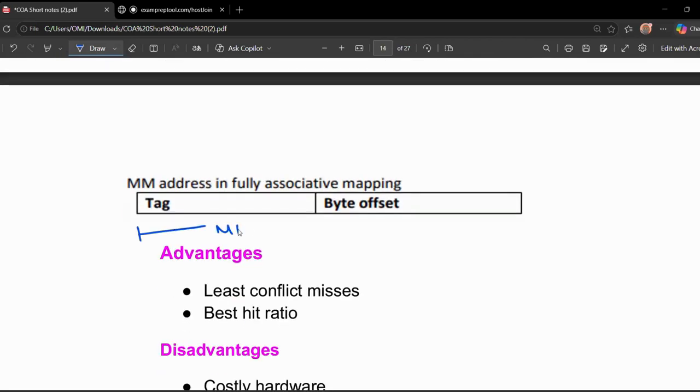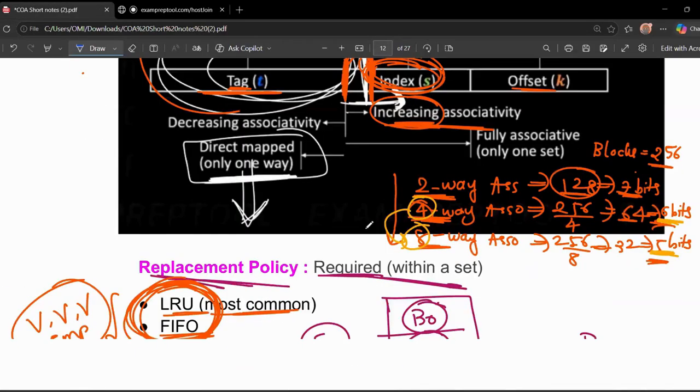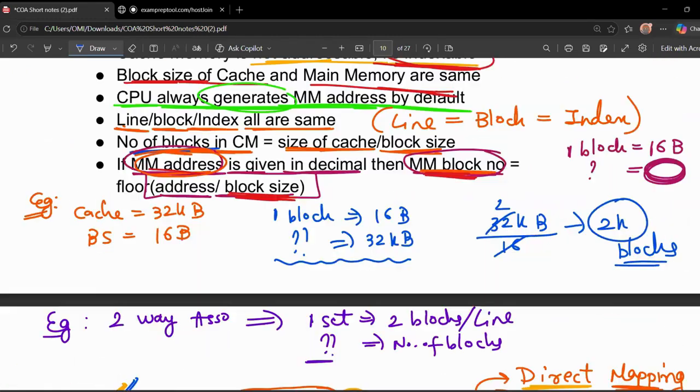Here, if this is the main memory address, there is only the tag and byte offset. This is the main memory block, because you divide the address by the block size. I already wrote this formula here.